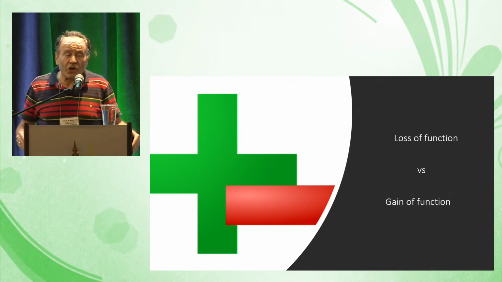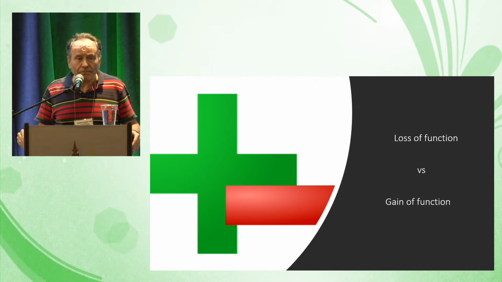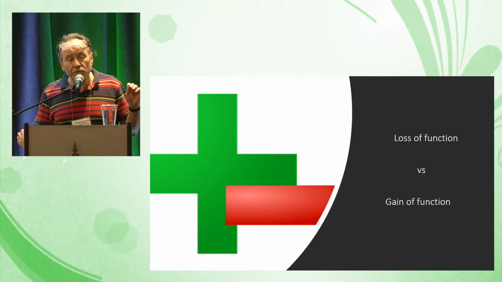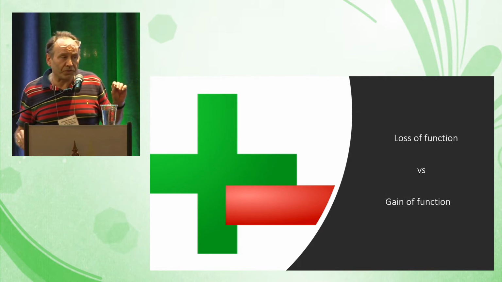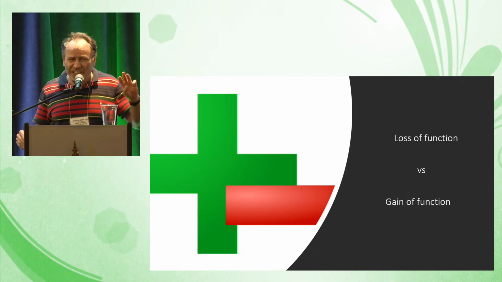The other way is called gain of function. Now, gain of function sounds like a good thing, but it's not. Maybe I should call it gain of toxicity, because what that means is that mutant protein is still there, it's not doing what it should do, but it's causing some sort of trouble. And it's usually because a protein misfolds. So that protein changes its shape, misfolds.